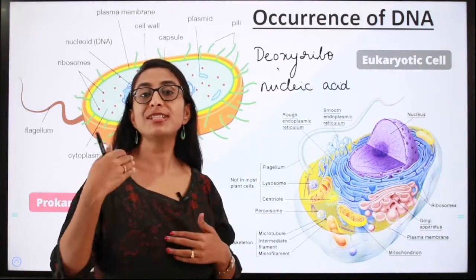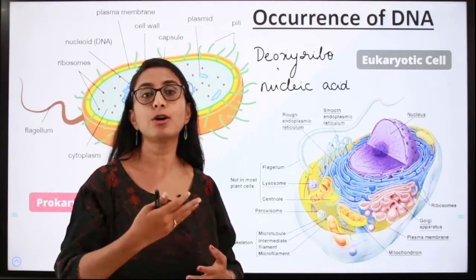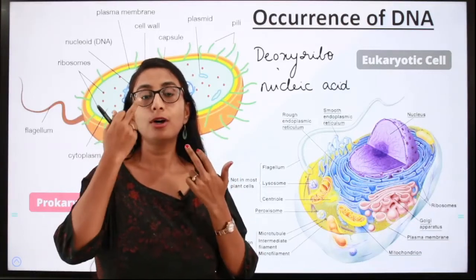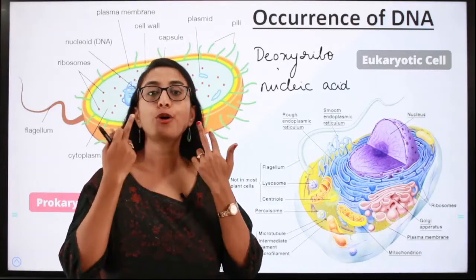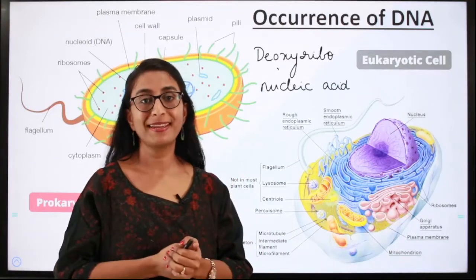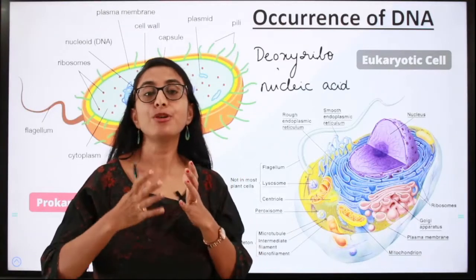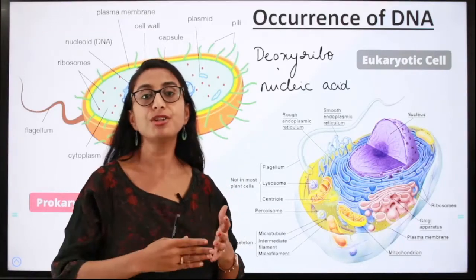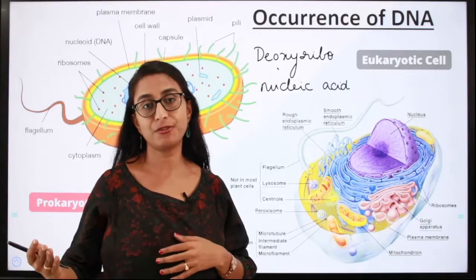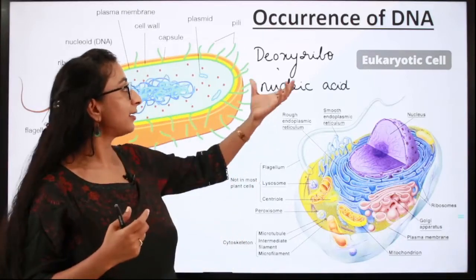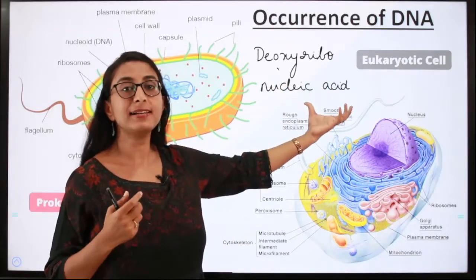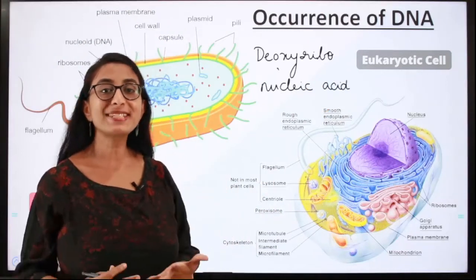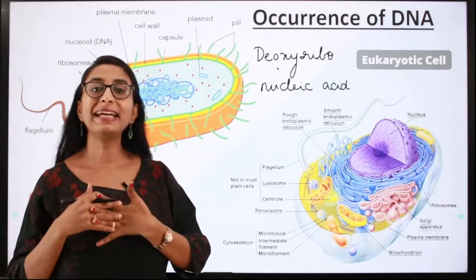So whatever genes you have inherited from your father or mother determines your eye color or your eye shape or your nose shape or your skin color and so on. So it is the genes which are responsible for transmission of the information from one generation to the other generation. And the genes are contained in this genetic material called as DNA, that is deoxyribonucleic acid.